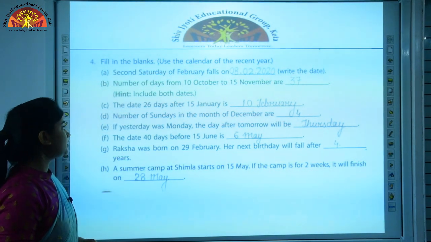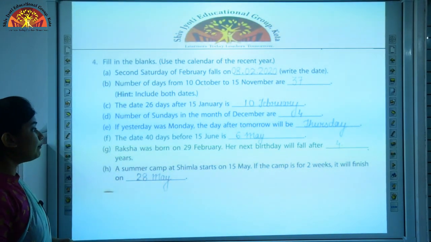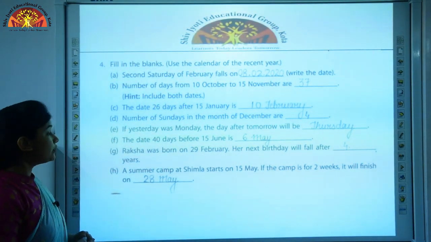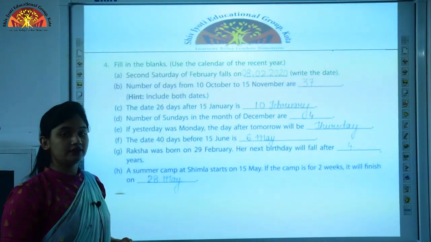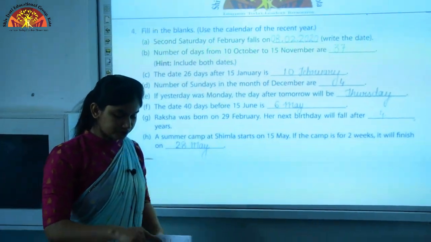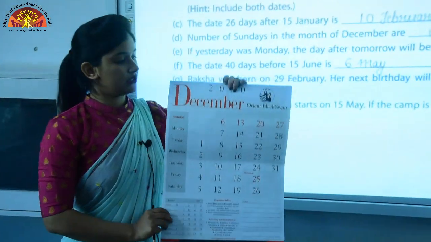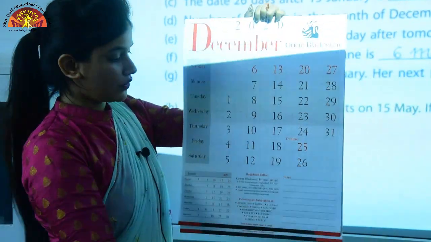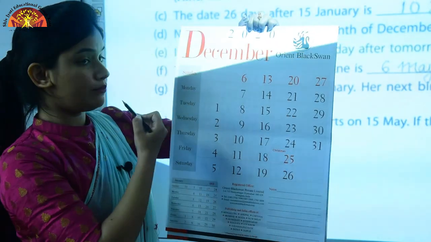Okay, now we'll see the D part of this question, number of Sundays in the month of December are. So in this D part we have to find the number of Sundays in the month of December. So now we will see December in 2020. Okay, now we have to find the number of Sundays.